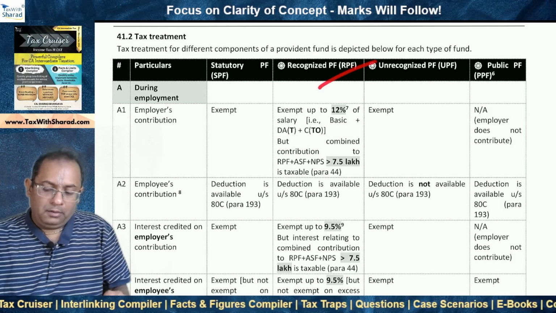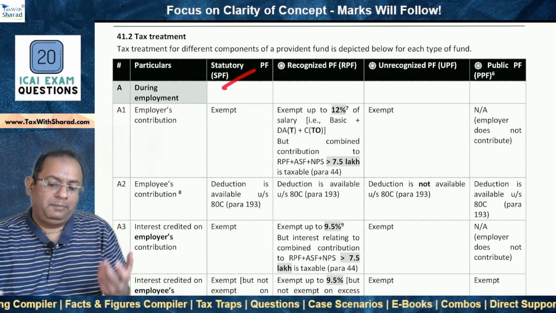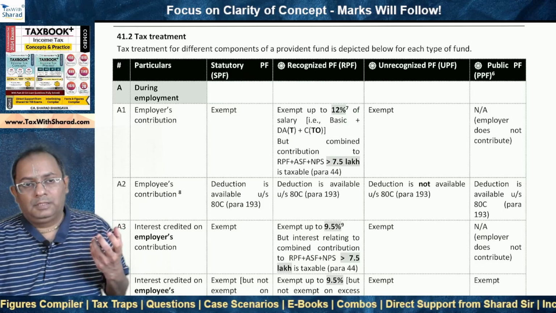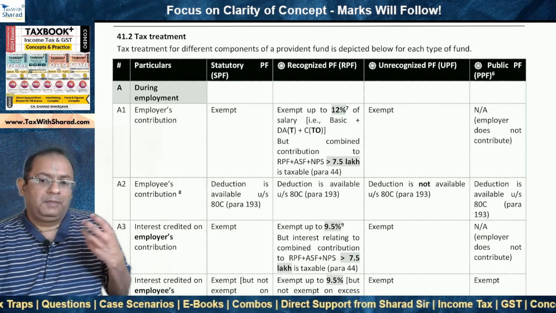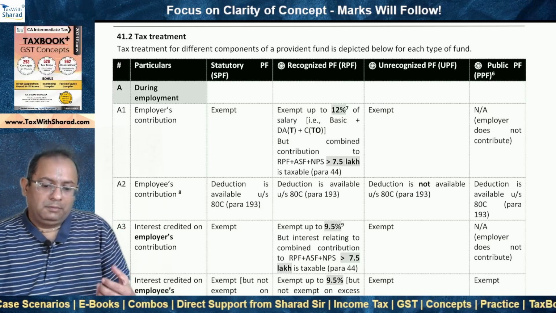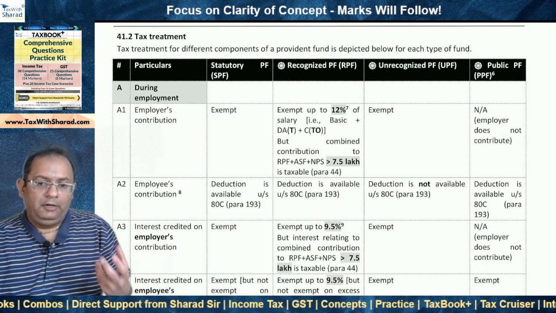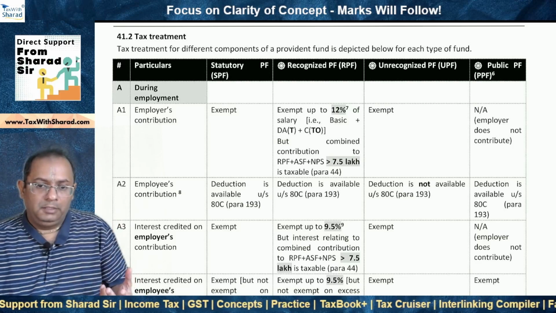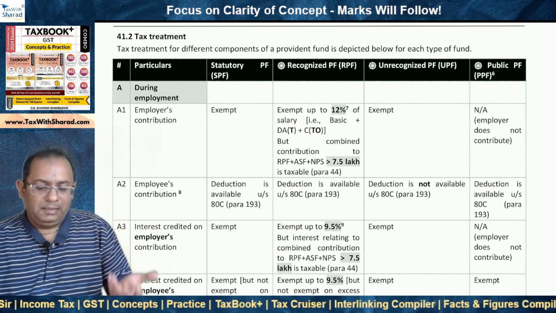Now, when we come to the recognized provident fund, there are certain limits which are applicable. Why? Because statutory provident fund is generally meant for government employees. Since it is maintained by the government as such, there will not be a case where the provisions will be misused to claim excessive exemption, right?